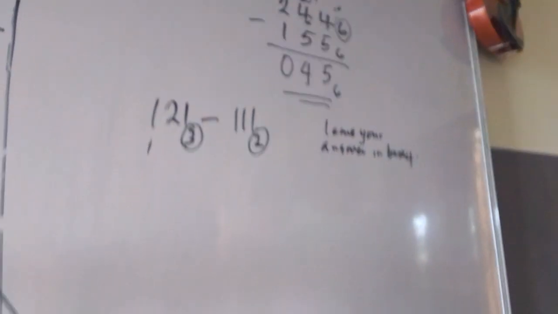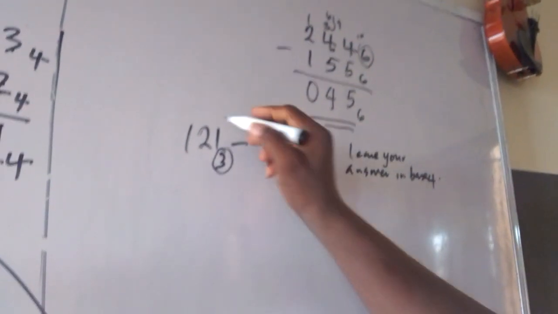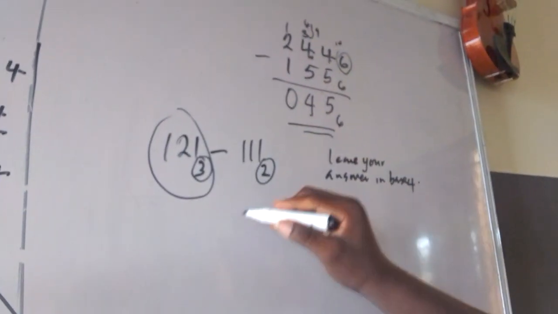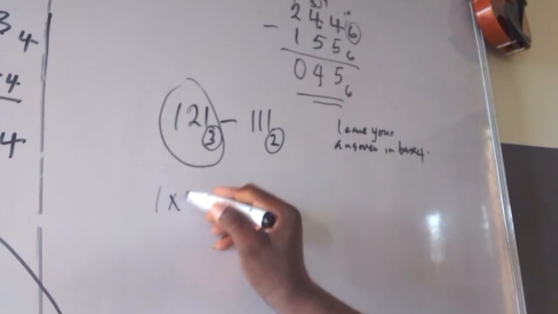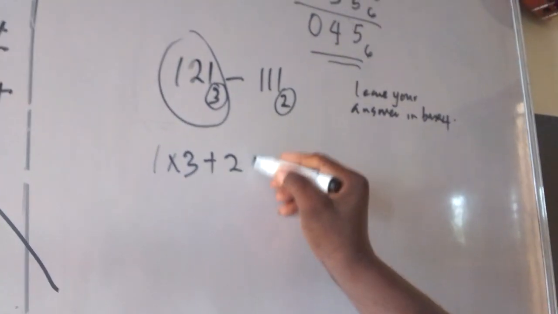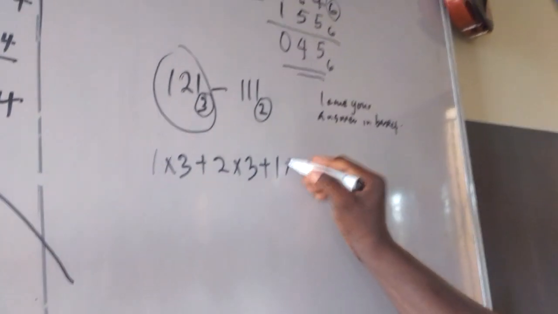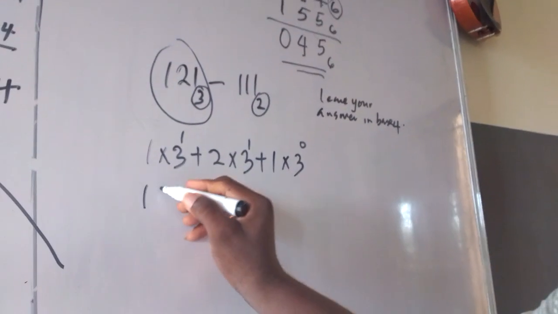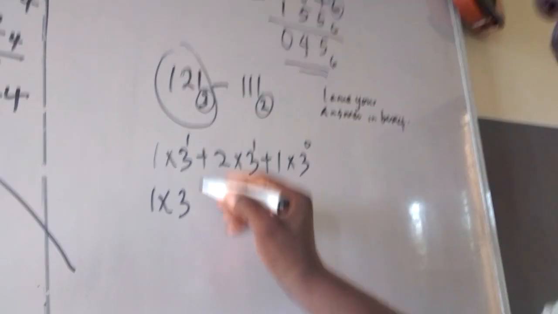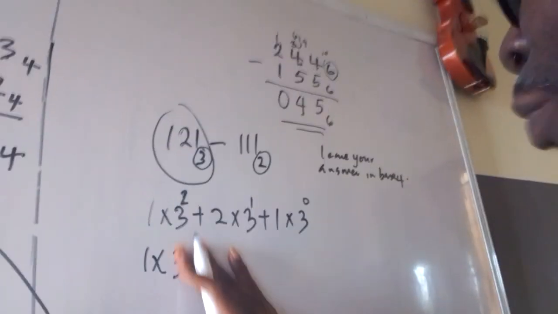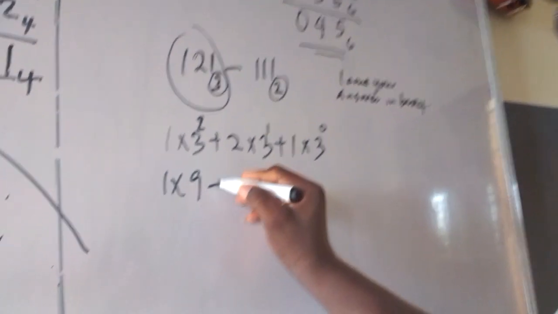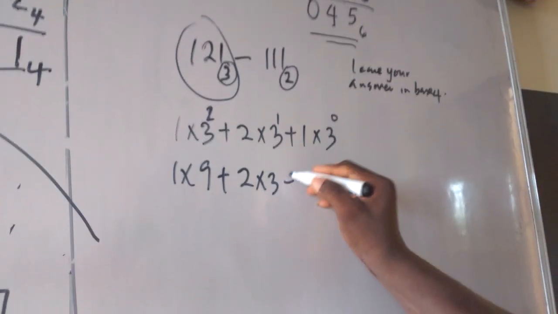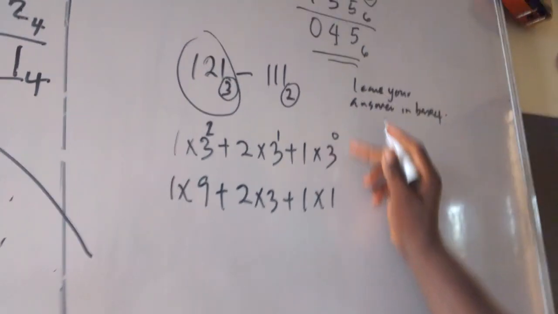So what do I do? I first convert everything here in base 3 to base 10. So I will say 1 times 3 plus 2 times 3 plus 1 times 3, raised to power 2, power 1, power 0. So this will be 1 times 9 plus 2 times 3 plus 1 times 1, because 3 raised to power 0 is 1.